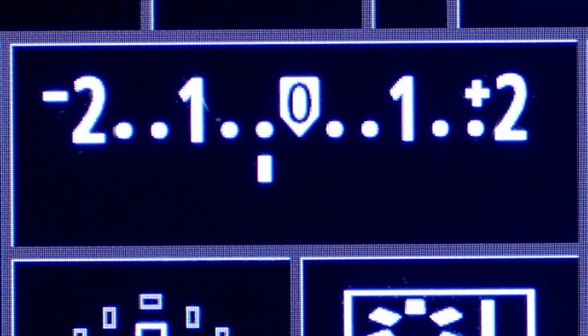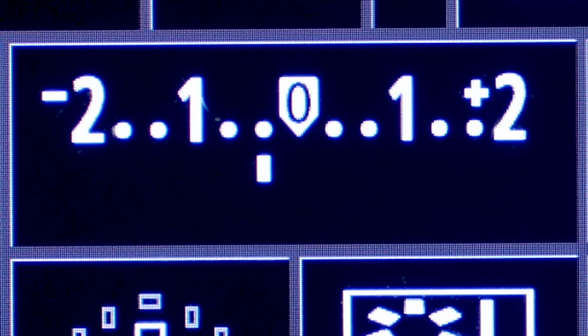On one side it has -1, -2, -3, so on and so forth. On the other side it'll have +1, +2, +3. Between each whole number marking there are like 2 little dashes. Those are your third stop increments, right? You have 1/3, 2/3, and then you have 1. You have 1/3, 2/3, and then you have 2, so on and so forth in the positive and negative direction.